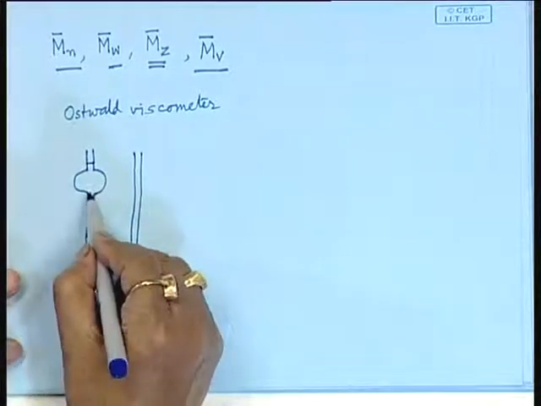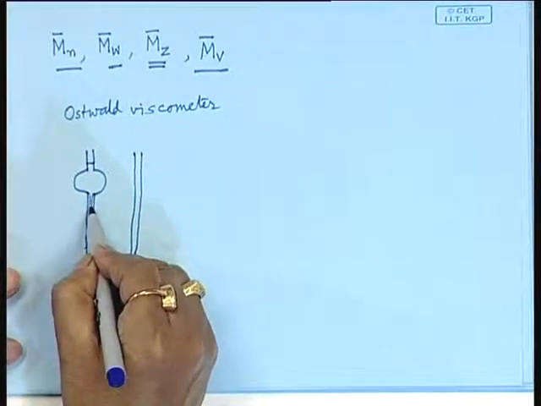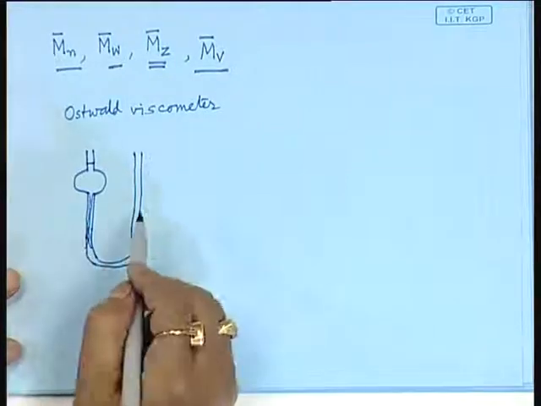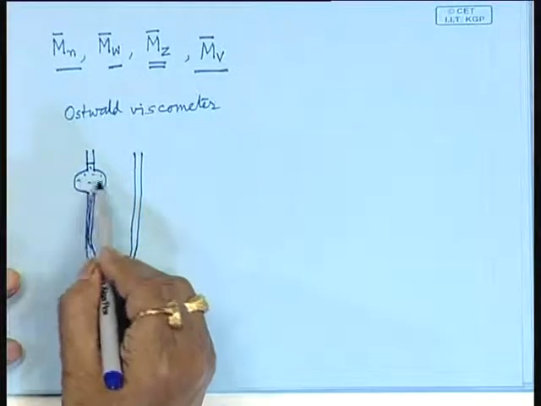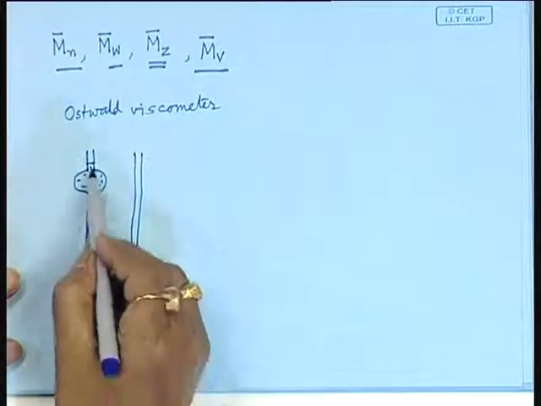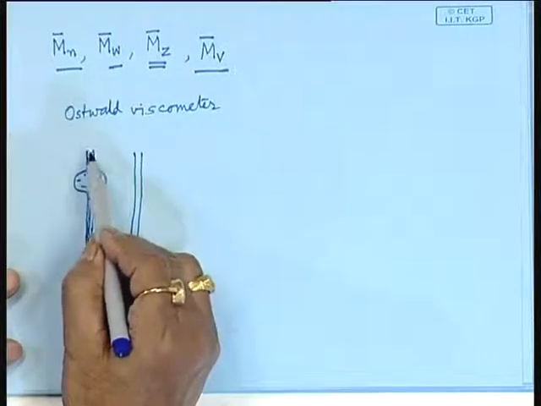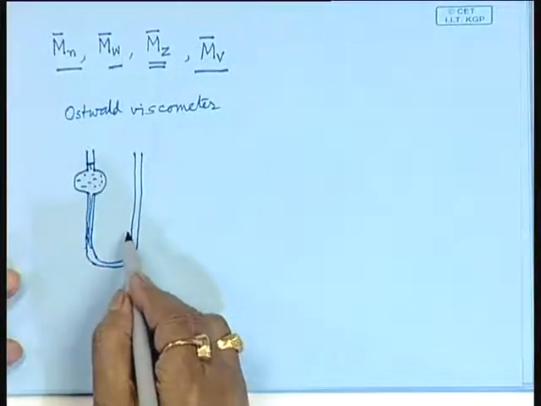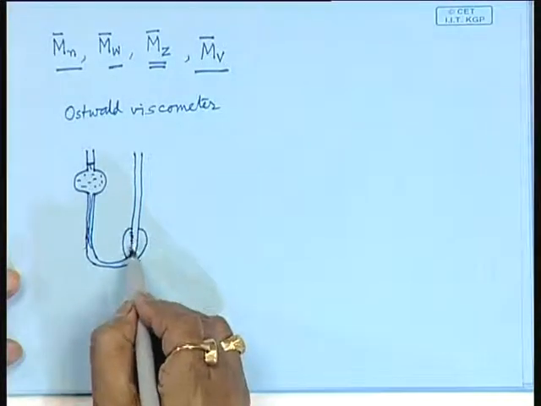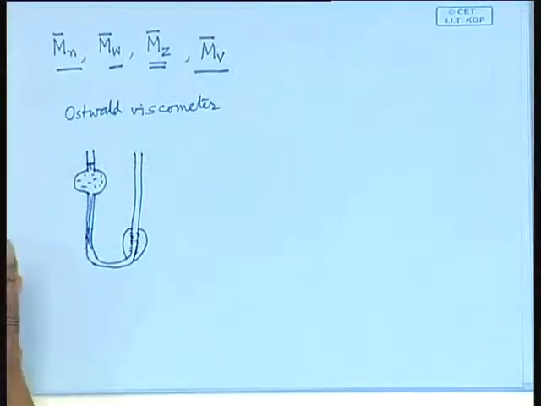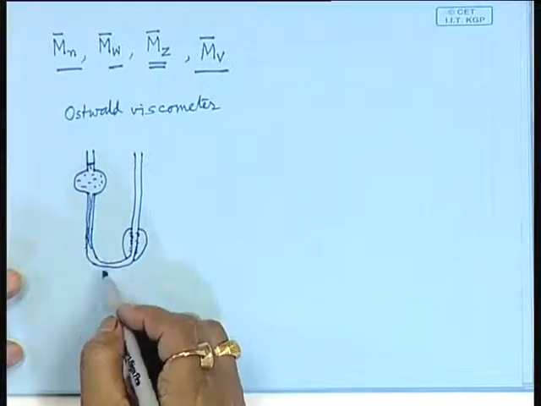Here is a mark, and inside there is a narrow capillary. You fill this bulb with the solution up to this mark by sucking with the help of a sucker from there. It can have one bulb over here, there is no problem like this. It can have a bulb, so that you can have more volume of liquid, more volume of solvent, more volume of solution over here. So, this is one Ostwald viscometer.